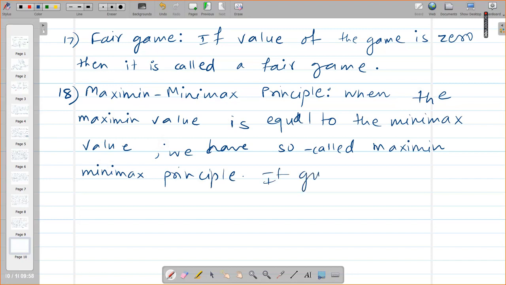It guarantees the best of the worst results.